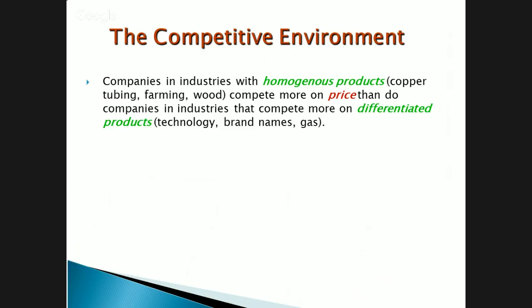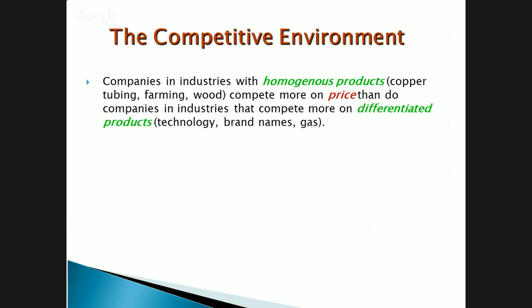Okay, so companies in industries with homogeneous products. Now, what are homogeneous products? I mentioned copper, tubing, farming, and wood. Homogeneous products are products that don't really vary by the supplier. There's no way to differentiate between the copper sold by company X and company Y, so they are forced to compete pretty well only on price.